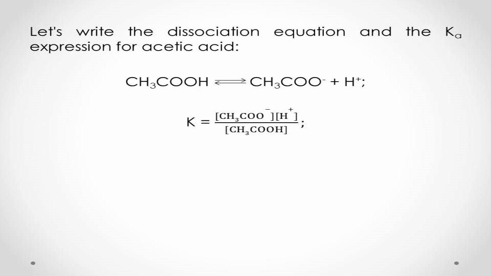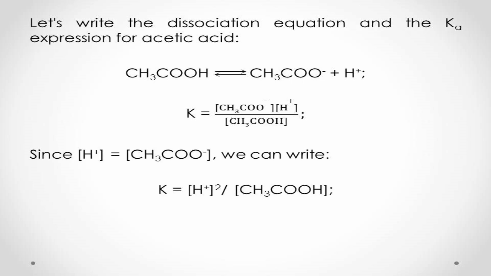Let's write the dissociation equation for acetic acid. It dissociates into an acetate ion and an H plus ion. Next, we write the expression for its dissociation constant. Since the concentration of H plus ions is equal to the concentration of acetate ions, the equation for the dissociation constant can be rewritten as follows.